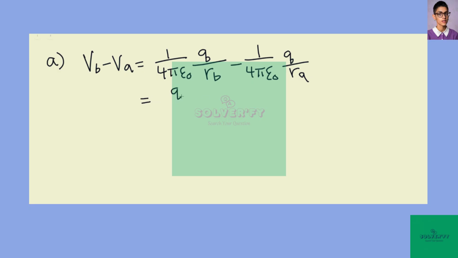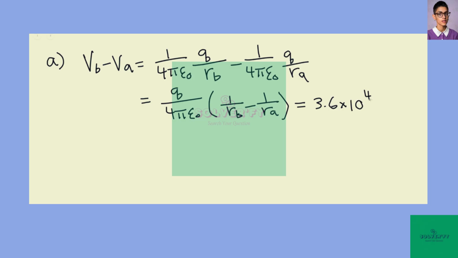We can pull the Q value out, keep all these constants together, and really we just have a difference in inverse radii. So when you plug in the distances away for point B and point A and the magnitude of the charge, we will end up with a result of about 3.6 times 10 to the 4 volts, or 36 kilovolts.